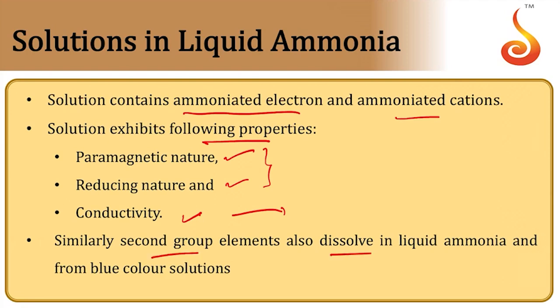So all the properties are because of those ions. Similarly, second group elements also dissolve in liquid ammonia and form a blue colored solution. A similar reaction can be written for second group elements too. So first and second group metals dissolve in liquid ammonia giving a blue solution containing ammoniated electrons and ammoniated cations.